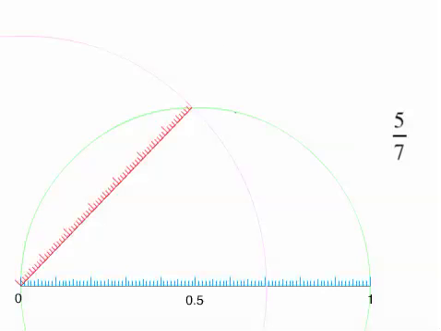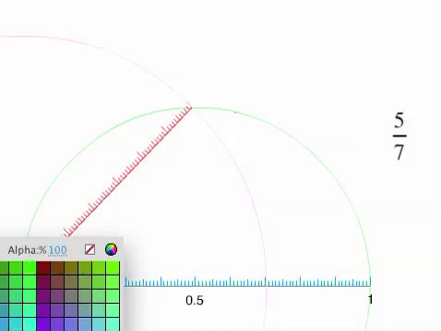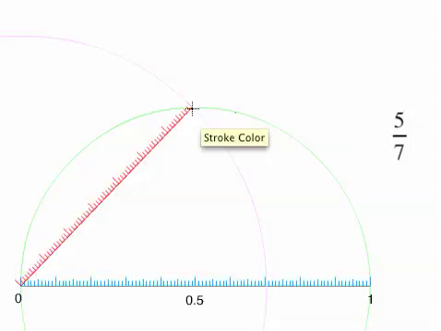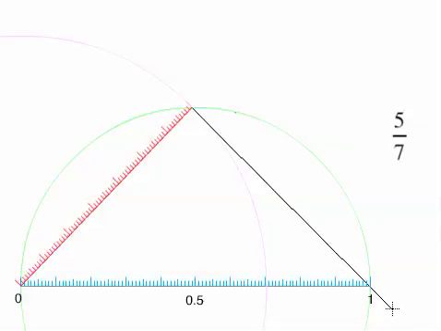And here we go. I'm going to take a line, and let me just change the color of the line to a nice dark blue, and I'm going to start right here and draw my line passing through the 1. So this line is my 7/7, which corresponds to 1.